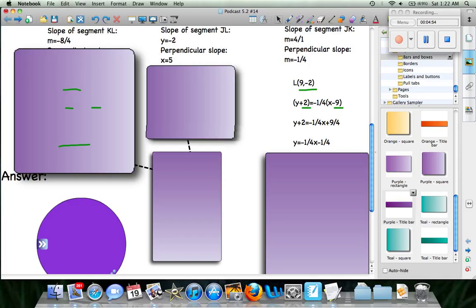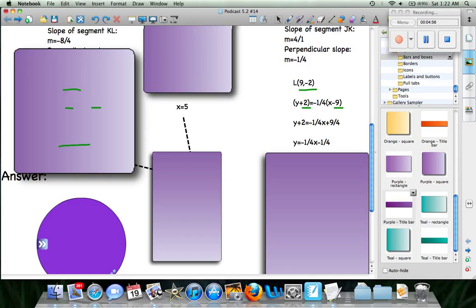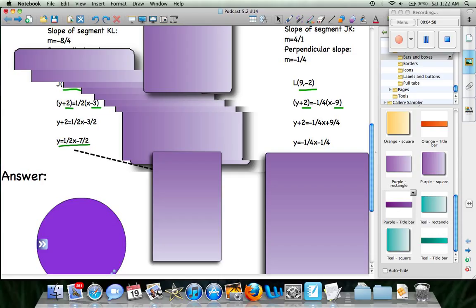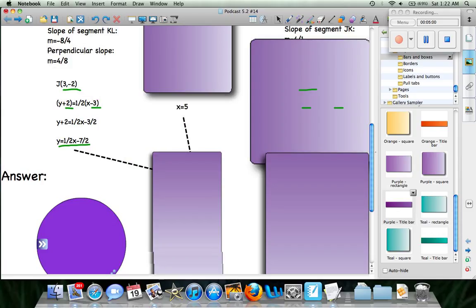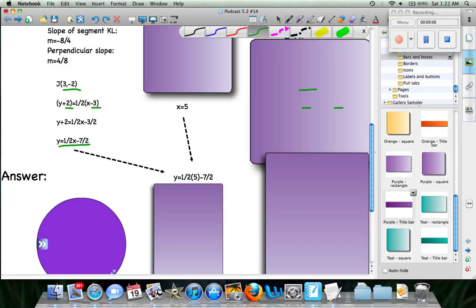So then, in order to find the coordinates of our orthocenter, we have to plug x equals 5 into our y equals 1/2 x minus 7 over 2 to find what y equals, and then we can get the coordinates of the orthocenter.